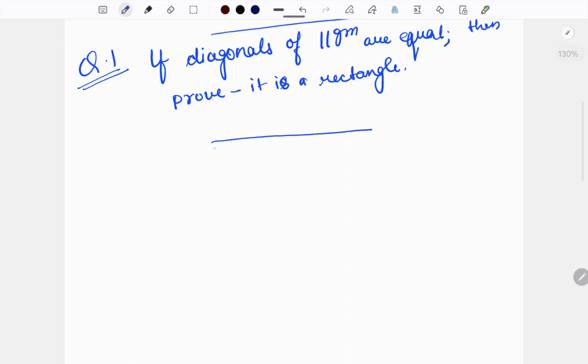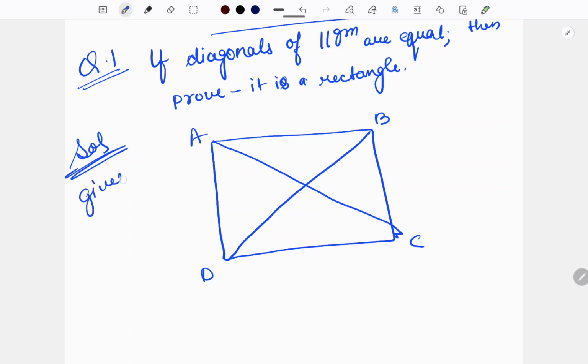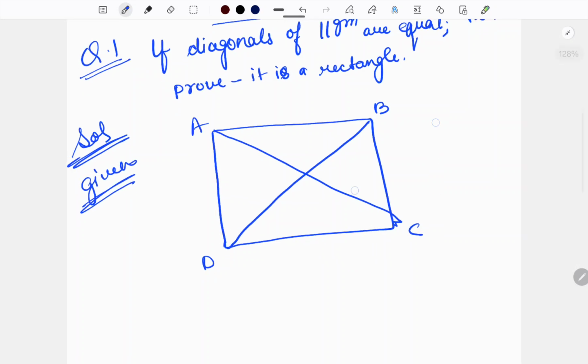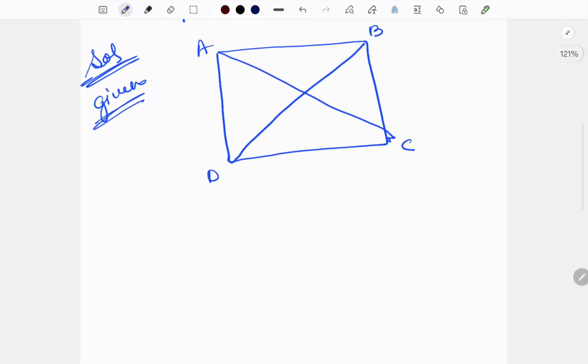Let us make a parallelogram here, ABCD. Here it is given, there are 3-4 points that we have already known. What is given?